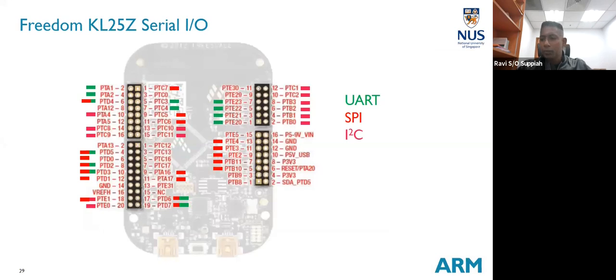Okay, so let's come to this again, in terms of what is available for us to use. You can see the color coding here. In terms of UART, there are a few different pins.